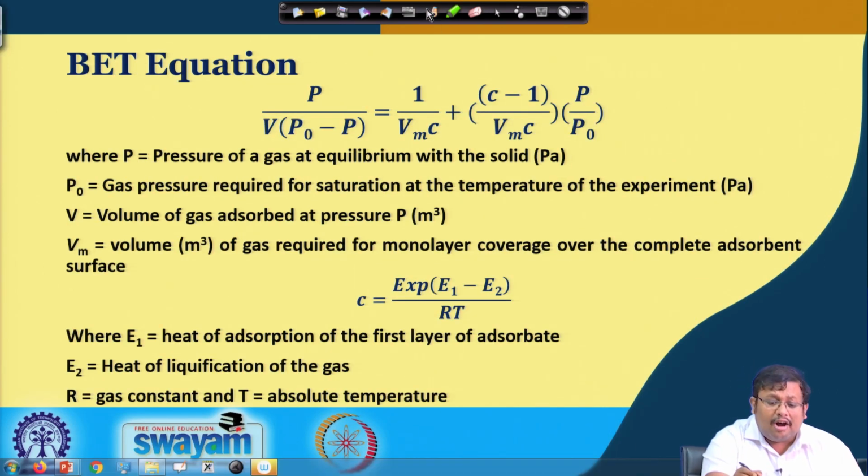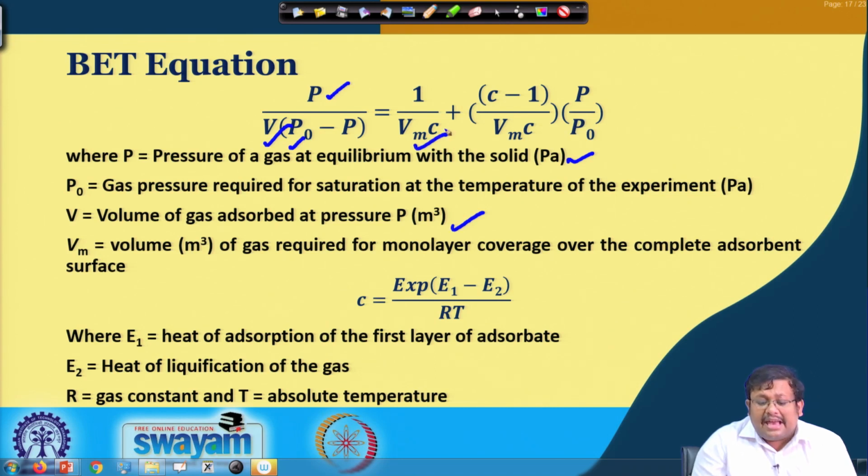So, this is the formula of the BET equation, as you can see, P by V(P0 minus P), where P is the pressure of gas at equilibrium with the solid, in Pascal, and P0 is the gas pressure required for saturation at the temperature of the experiment, that is also measured in Pascal. V is the volume of gas adsorbed at pressure P in cubic meter.